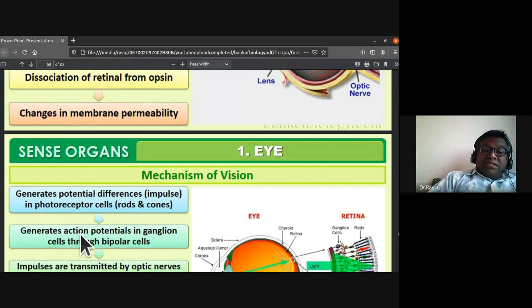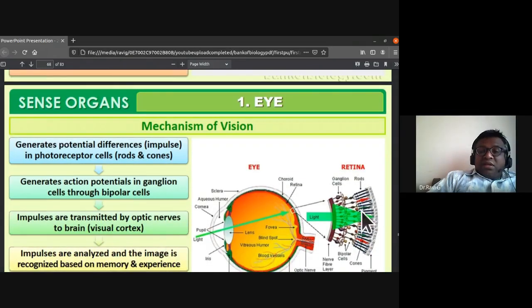This in turn generates action potential in ganglion cells through bipolar cells.